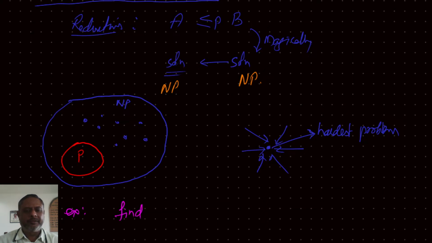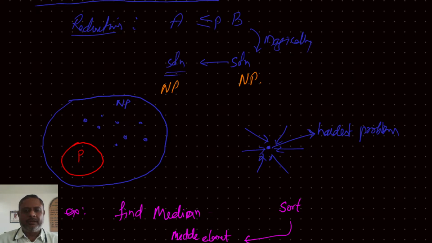So the problem is find median. How do you find the median of a given list? Yes, of course, the problem is very simple. Convert this problem into a sorting problem. You take the list, sort it, and then find the middle element of this sorted list.